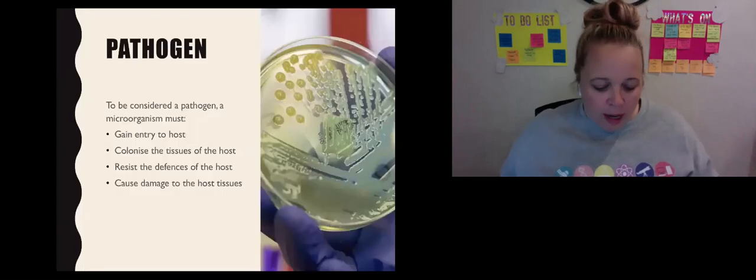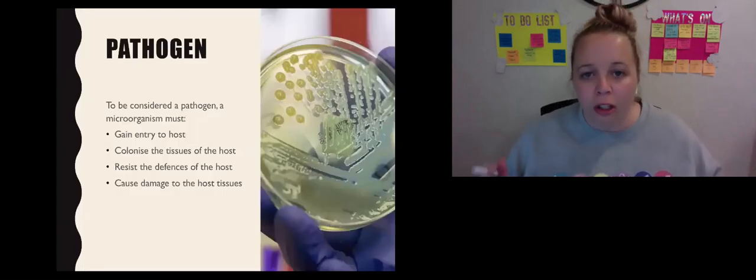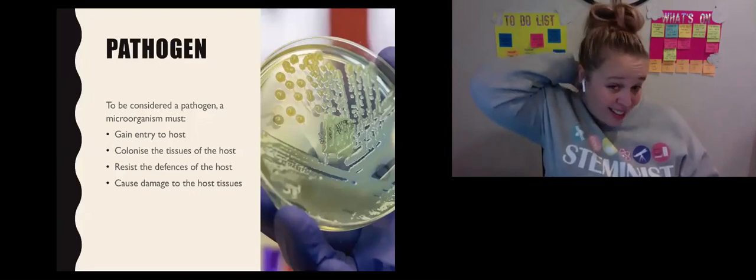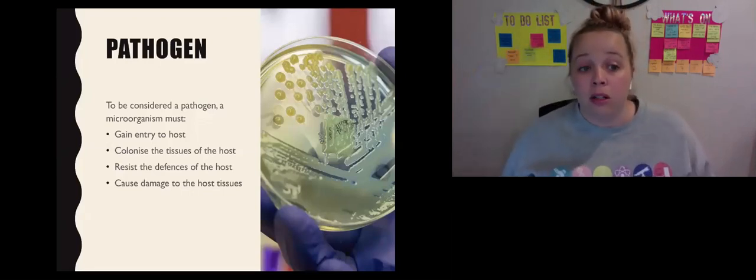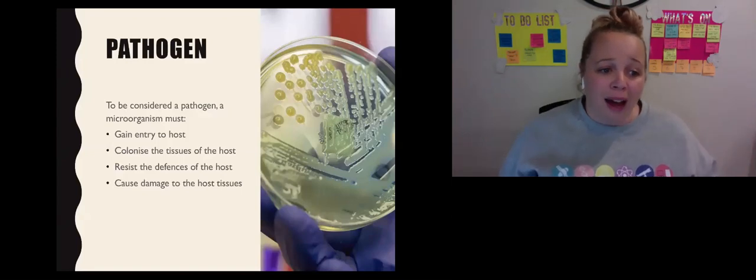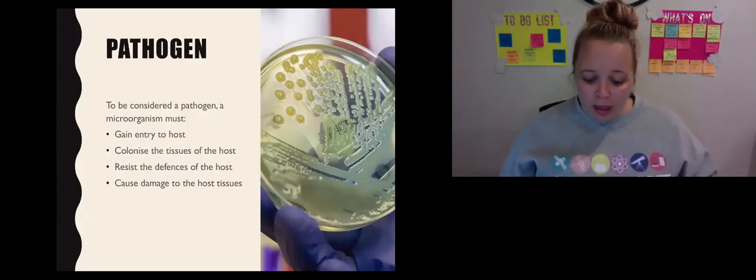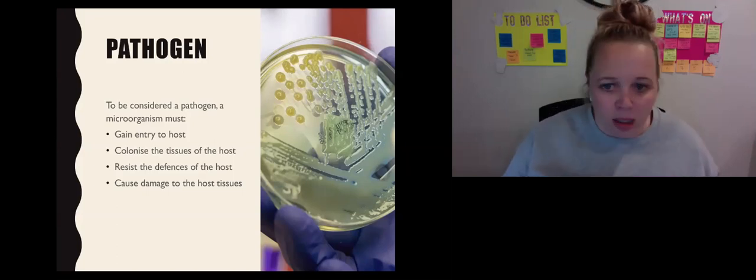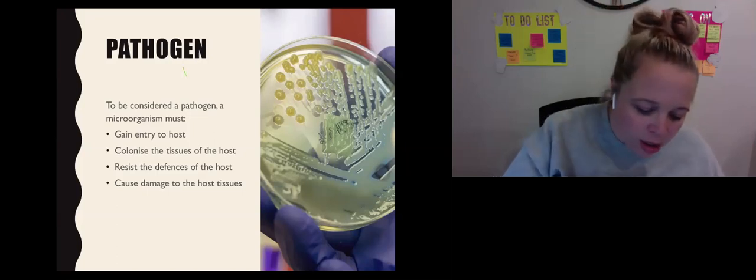All right, so pathogen. Pathogen is a word that you really, really need to understand because it comes up in text in the questions and you should be able to use it well. So to be considered a pathogen, the organism essentially has to cause harm. It doesn't say it on here, but it says it on my notes. It has to cause disease.